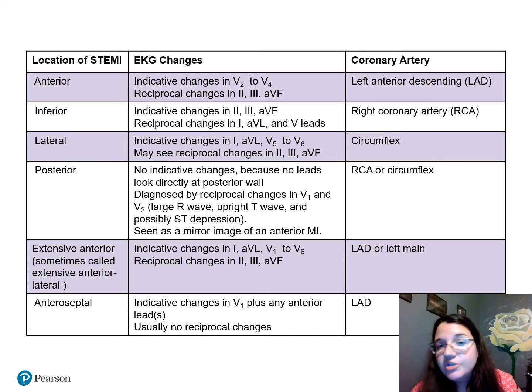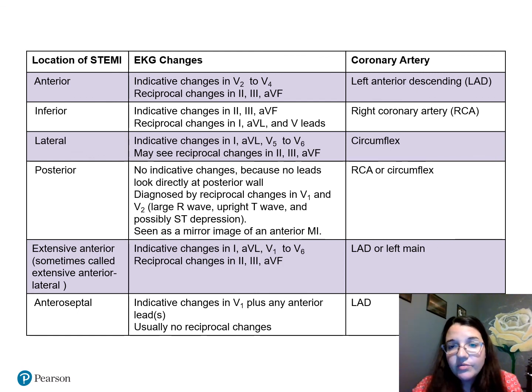So let's say V2 through V4, I have ST elevation. The opposite side of the wall, right, posterior, I'm going to see ST depression in leads 2, 3, and AVF. And then it goes on and tells you who feeds that wall.